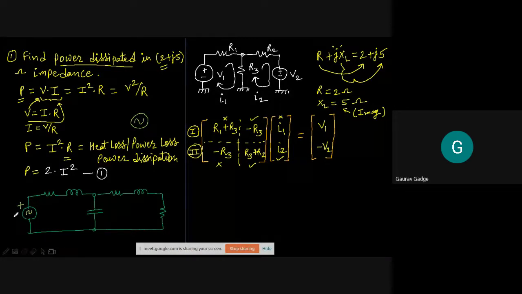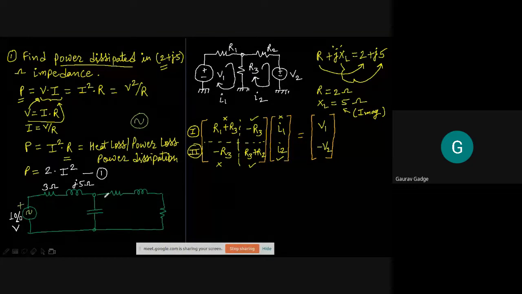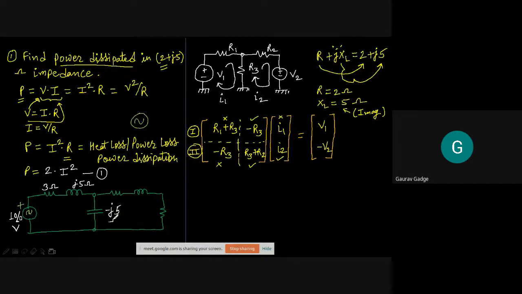So the value of this voltage source is 10 angle 0 volts. Then this is 3 ohms, J5 ohms, and a capacitor. Now, this capacitor is always represented as minus JXC, so minus J5 indicates the value for the capacitor.